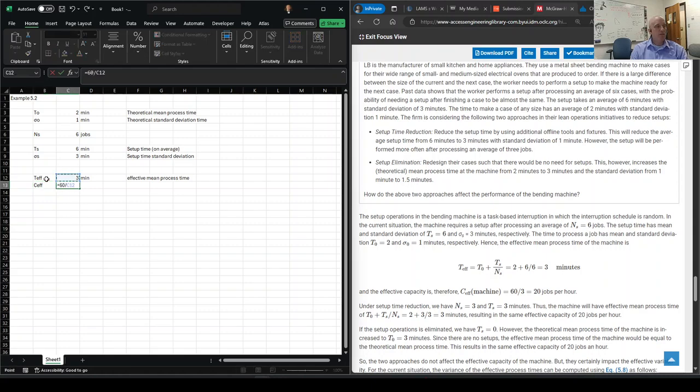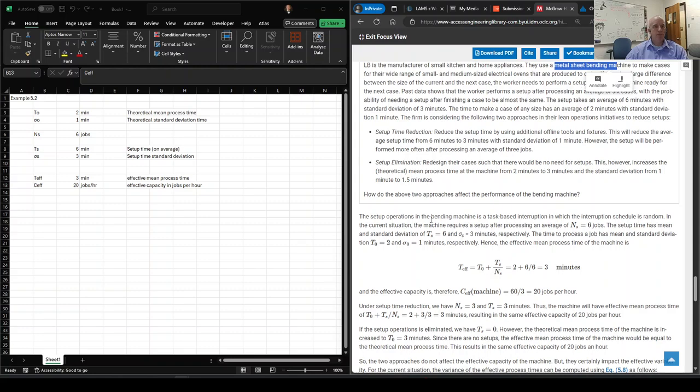We can do 60 divided by that, which gives us the number of jobs per hour. Effective capacity in jobs per hour. Okay, so we're doing 3 minutes effective mean process time. We're doing 20 jobs per hour. Now we can use that to compare another approach. This is the current capacity of this metal sheet bending machine.